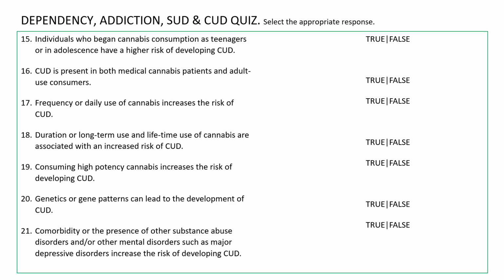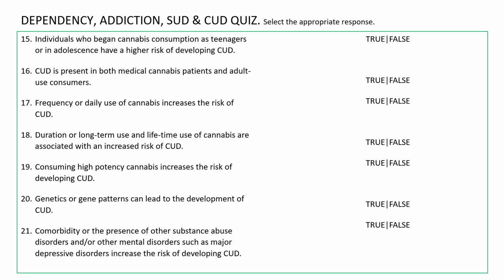I'll give you a second to review questions 15 through 21. Number 15. Individuals who began cannabis consumption as teenagers or in adolescence have a higher risk of developing CUD.